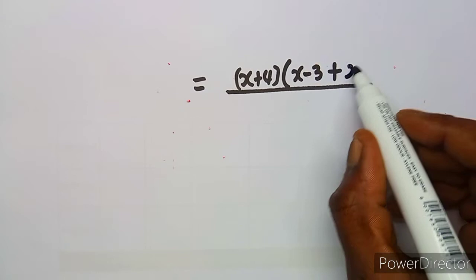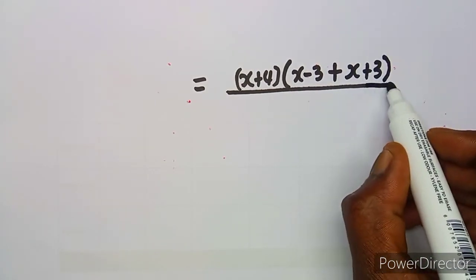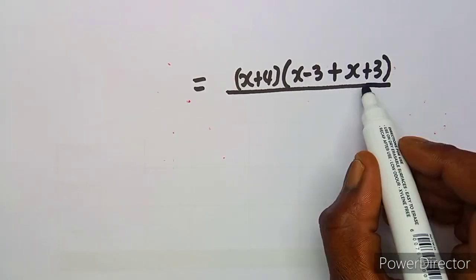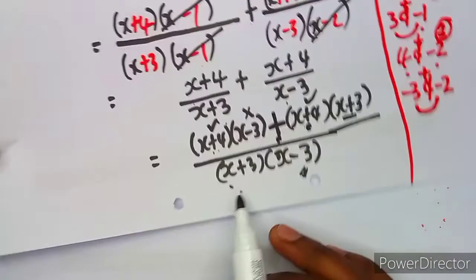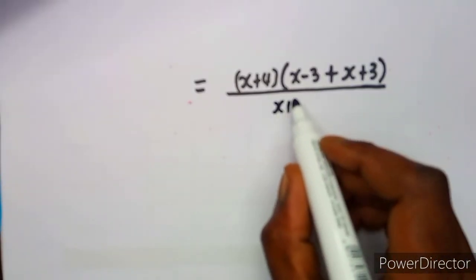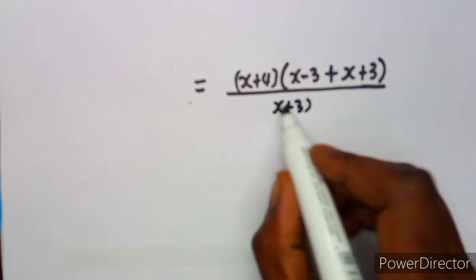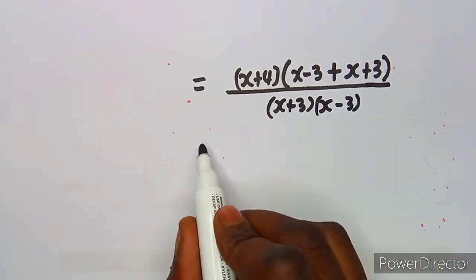All right, this is now in one bracket because you are adding the two. Everything over this part that we had of x plus 3, x minus 3, like this. So this is what you're going to have at the end.